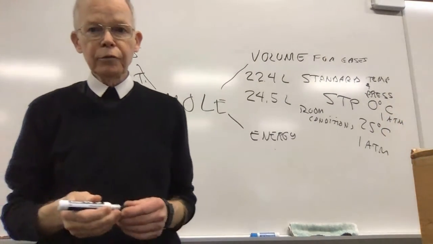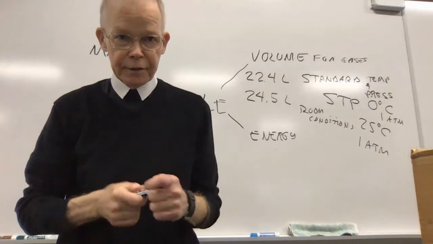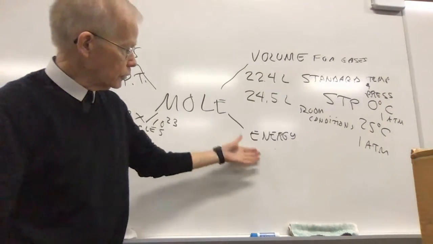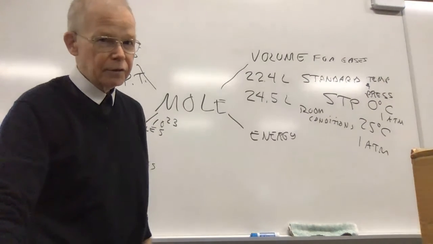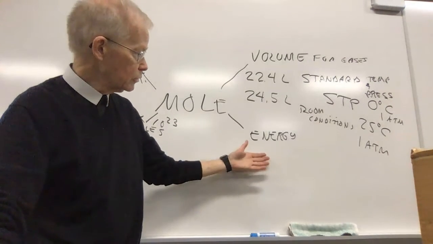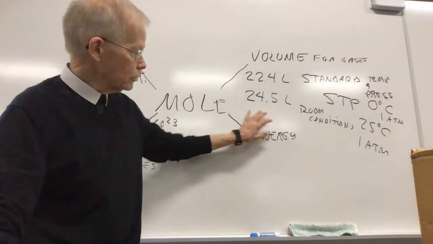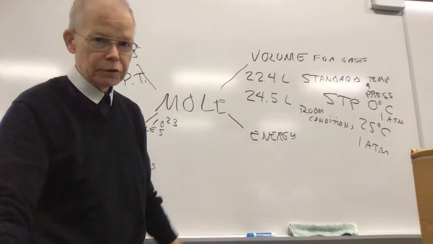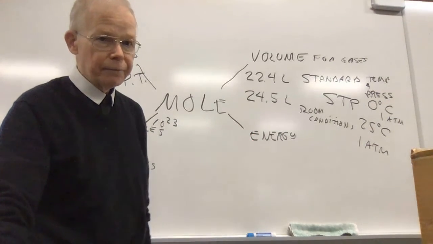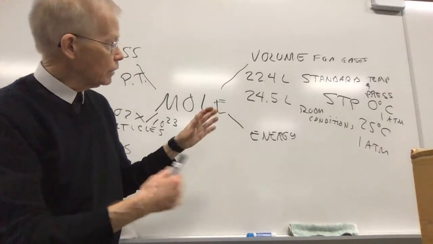You will see these numbers described in your text. The other type of conversion I can do is with energy. We tend not to get to the stages where we're talking too much about energy, but there's a whole bunch of conversion units that we can put in to do energy conversions. So this is a nice diagram that enables me to go from one kind of a unit to another.